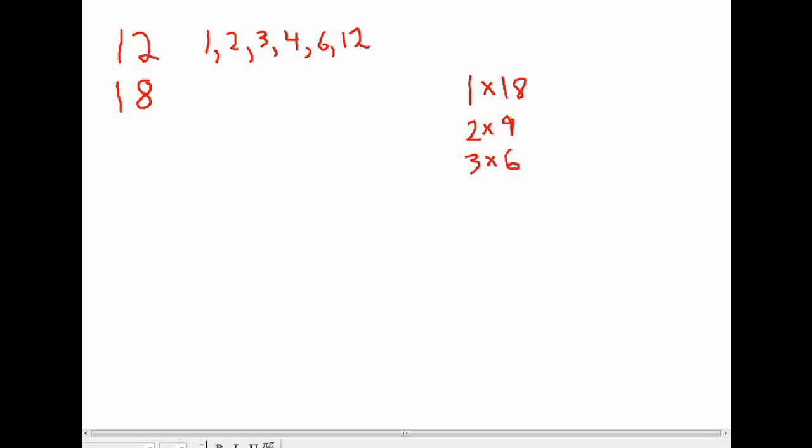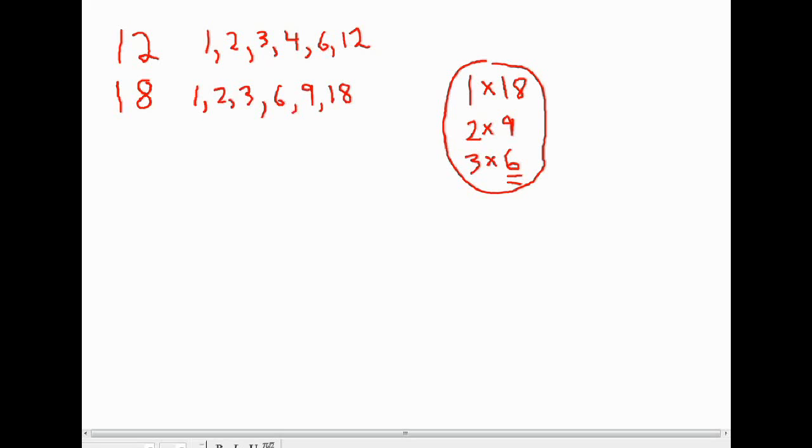Now 4 does not go into 18, and 5 does not go into 18. And 6 does, but we already have 6 on our list here. So when I take my multiplication questions here and write this in a list, I've got a list now of all of the factors. And if I do it from smallest to biggest, it's 1, 2, 3, 6, 9, and 18.